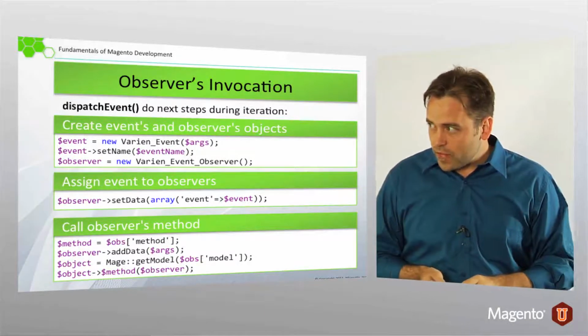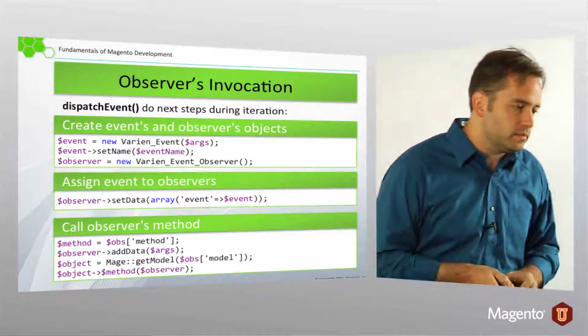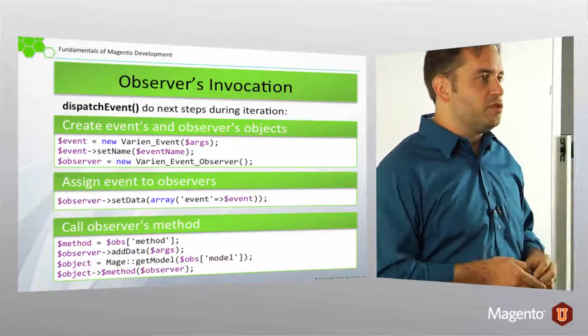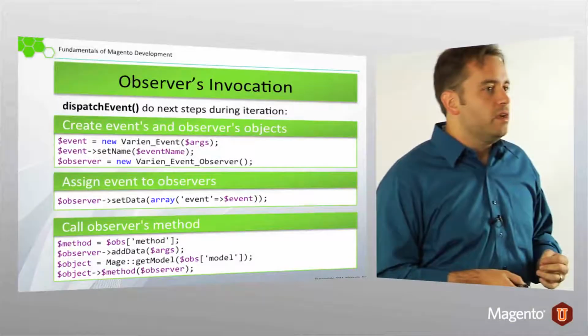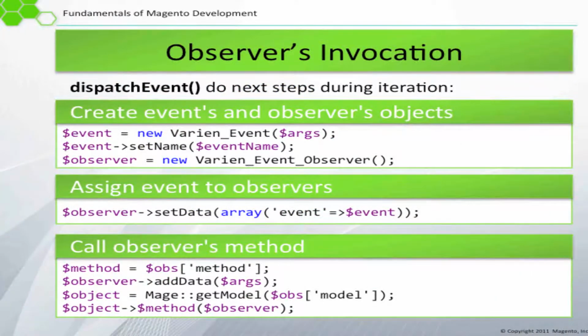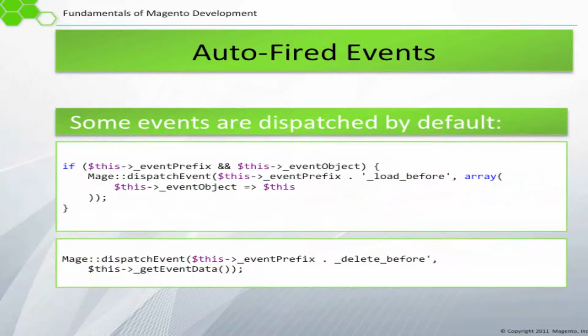And after that, our model is free to access those objects and alter them, add to them, and then finish and let the execution stack continue. Okay? There's another thing going on here, and I'm going to have to get into it at some point, and we'll start talking about the Varien object, but I'm not quite ready for that just yet.